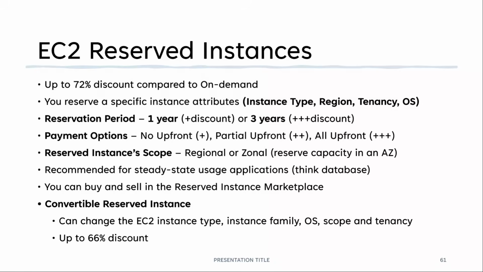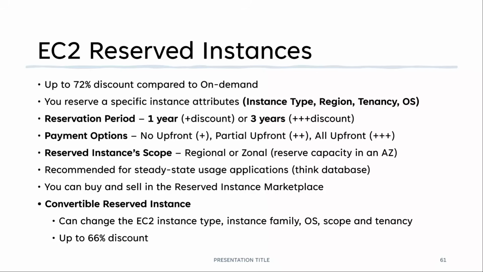Payment options: if you give no upfront, you will get some discount. If you pay partial upfront, it means you pay part from the beginning, then you will get some more discount, and if you pay all the money from the start, all upfront, then you will get the maximum discount.